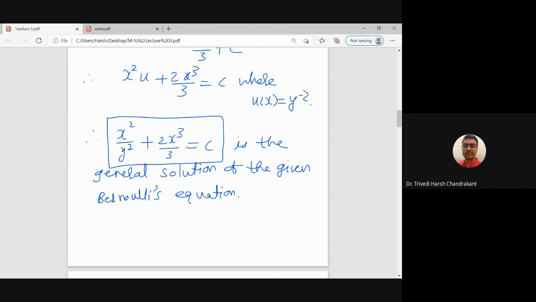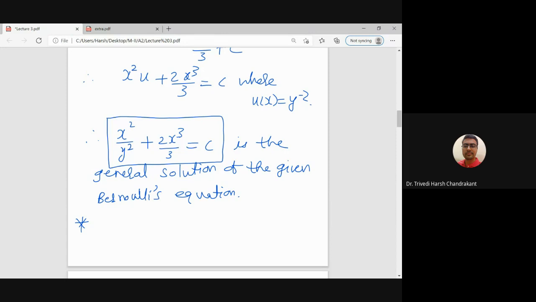So whenever the Bernoulli differential equation is given, we will solve it in this way. Okay, so this is regarding that method.